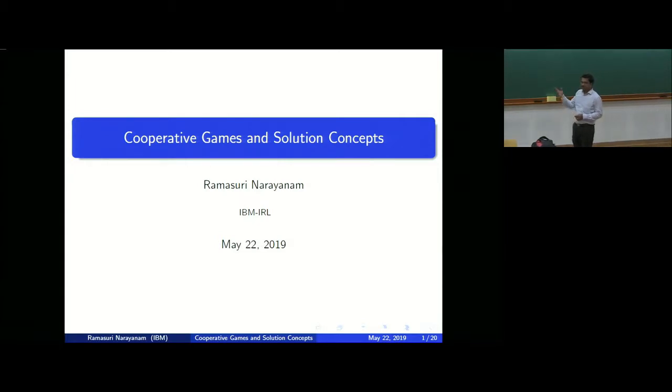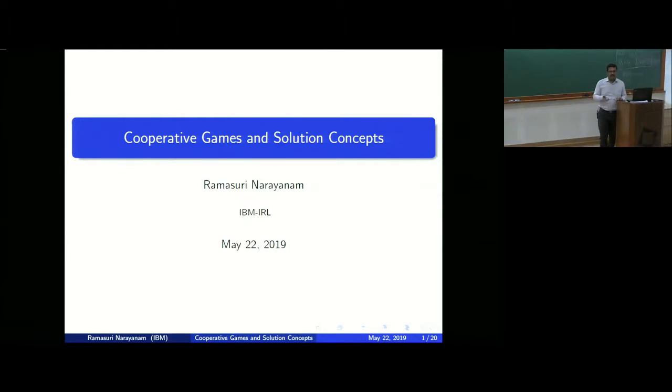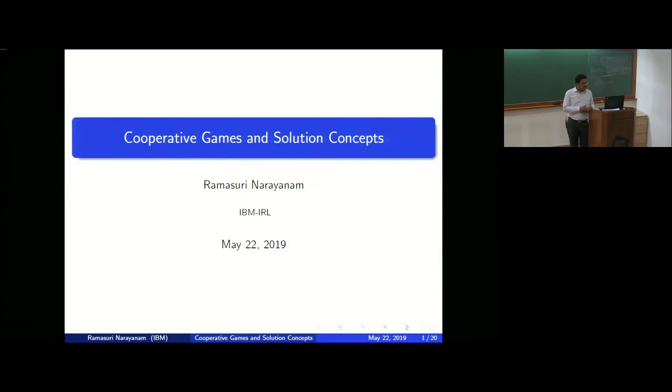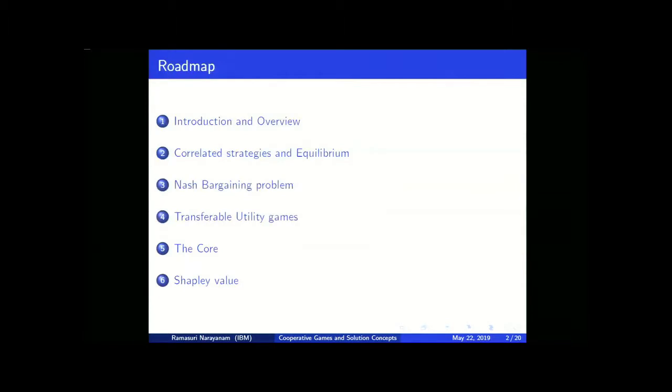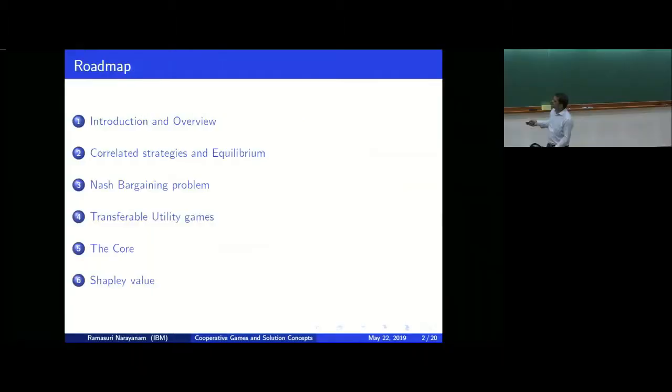Cooperative games and solution concepts. This is a basic talk which introduces several foundational topics in the area of cooperative games and associated solution concepts. This is the agenda for my talk.